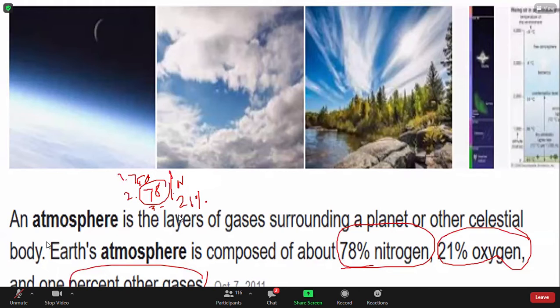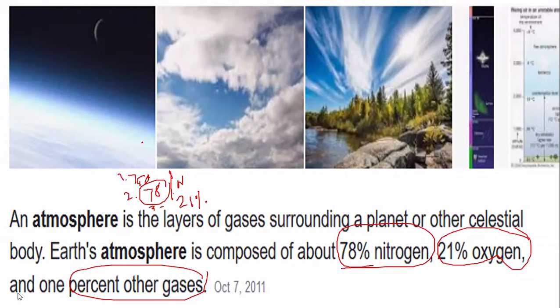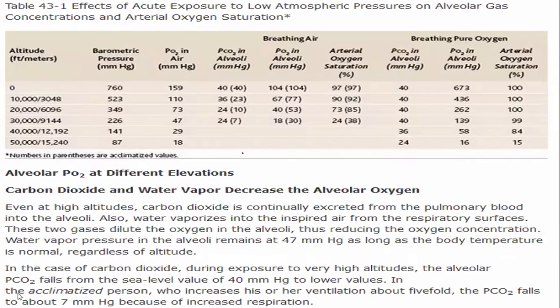As you go higher to the mountains, the barometric pressure is decreasing. If the pressure is high, of course, you have compact molecules. If the pressure decreases, you have more scattering.